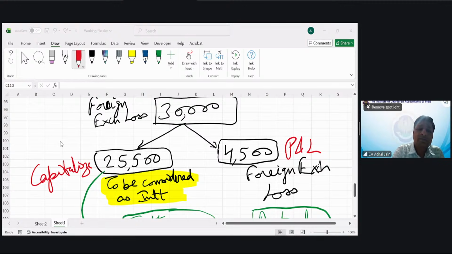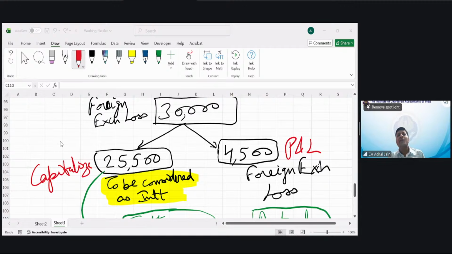Sir, we'll simply ignore 2500 if there is no fluctuations in the foreign exchange rate, right? See, it's not about ignoring that. It's about if you don't have that, then it's not there. If let's suppose you believe the rate of conversion has remained same from the date you have taken the loan to the reporting date, then of course it will be zero.